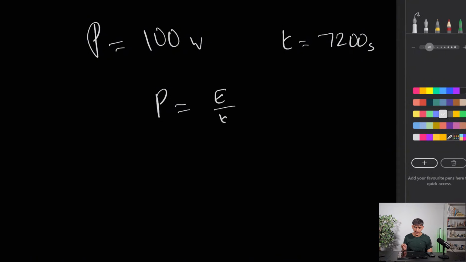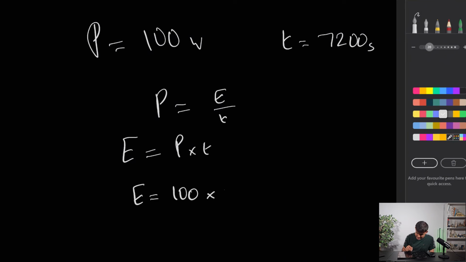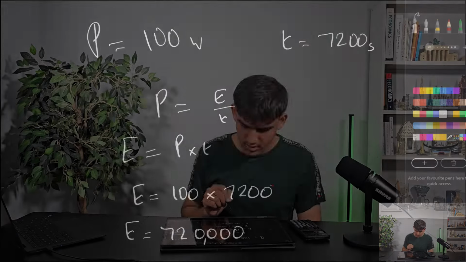The equation that links power, energy, and time is P equals E over T. However, as we're working out E, we can just multiply P by T, so E equals the power times the time. So the energy transferred just equals 100 times 7,200. So E equals 720,000 joules.